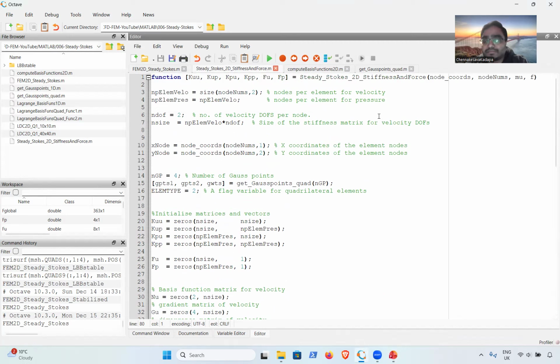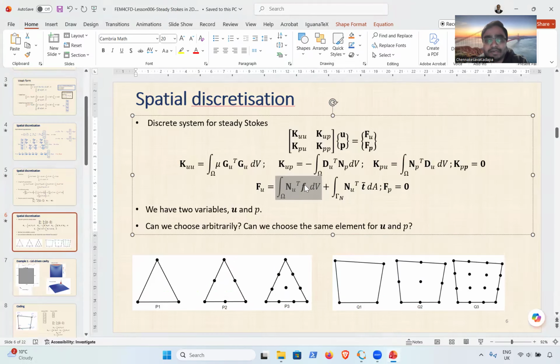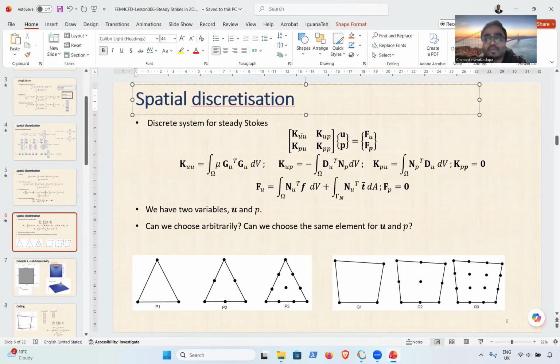So all the 4 blocks of the element stiffness matrix and the 2 blocks of the force vector for the steady Stokes equation. So this is a fully coupled system. We are solving for velocities and pressures together, that is at the same time. We also call this a monolithic approach because we have one full big monolithic matrix.